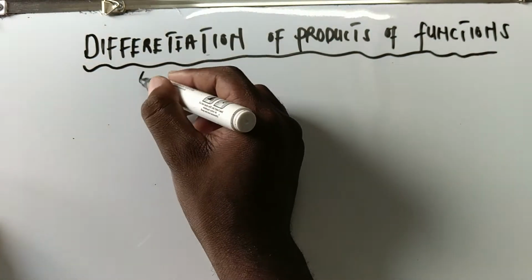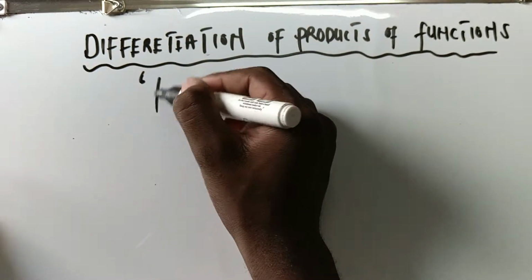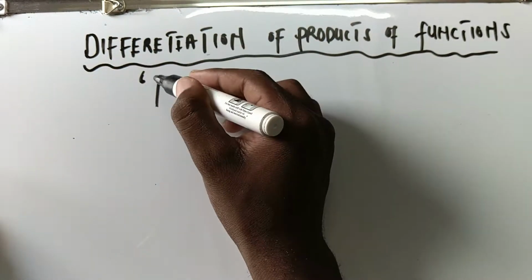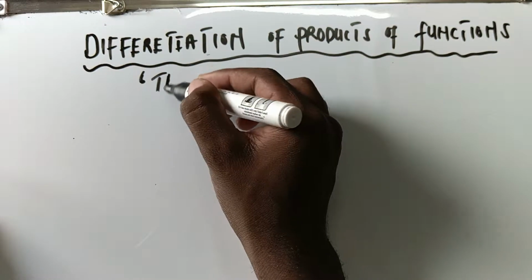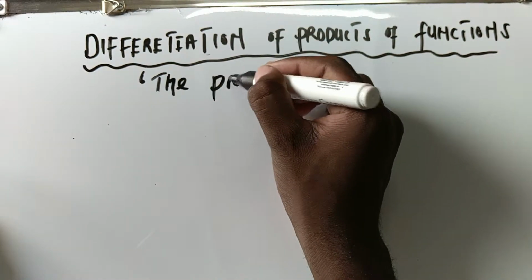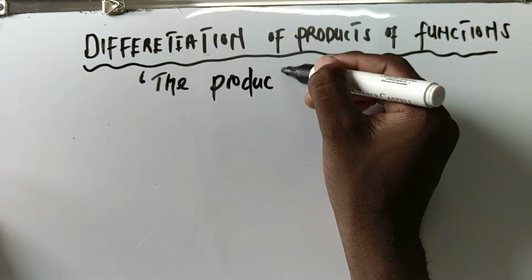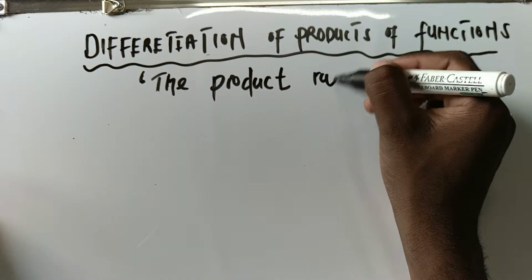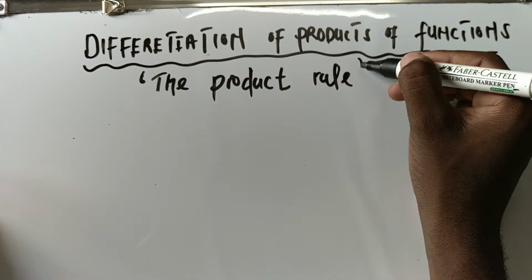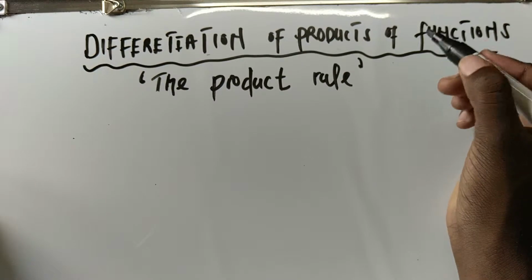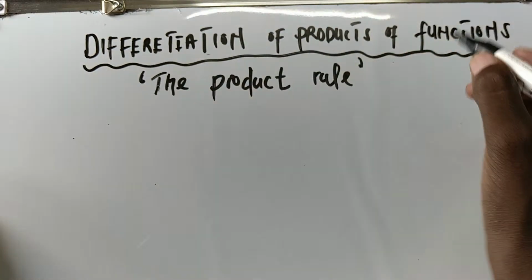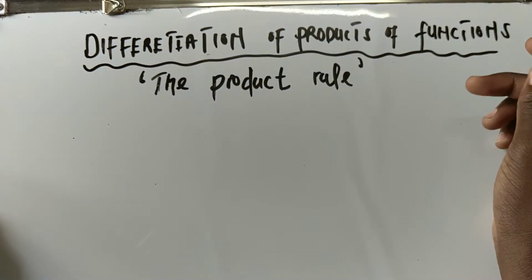We can also call this kind of differentiation the product rule. This is how most of the authors would like to name this topic. So we will be looking at the product rule.